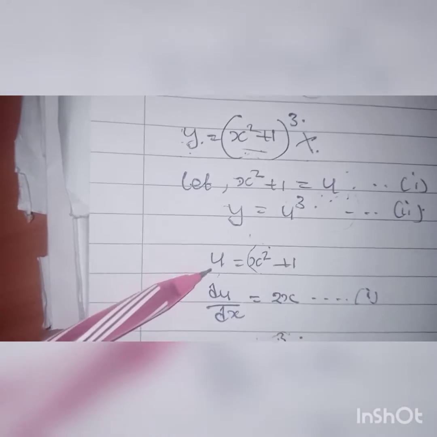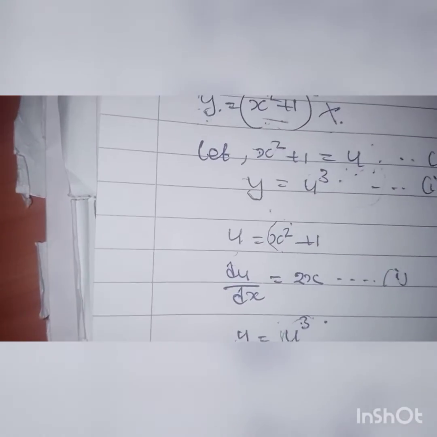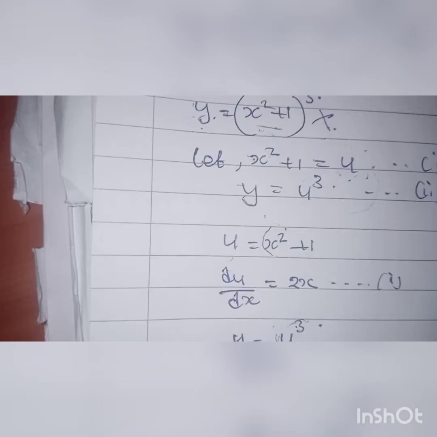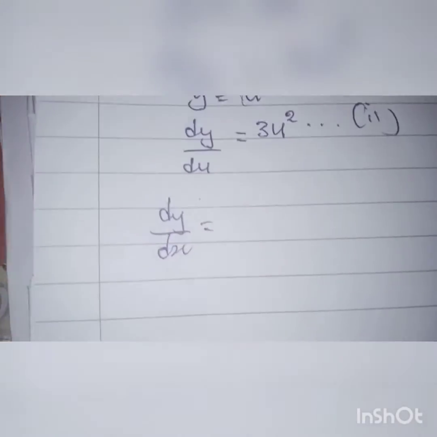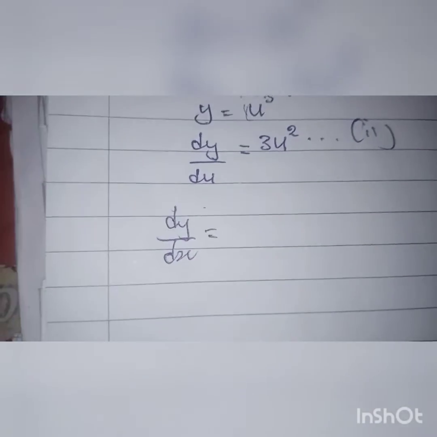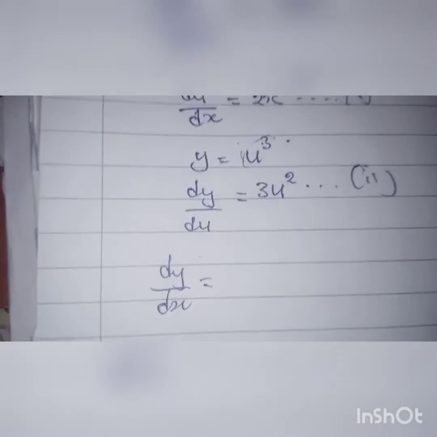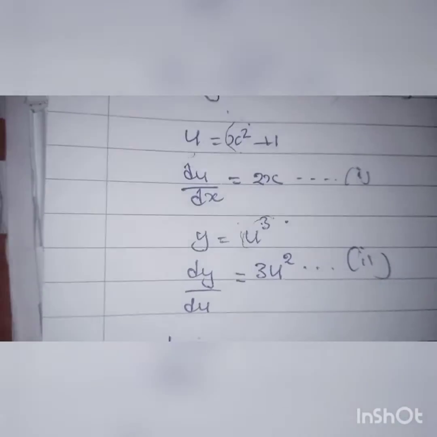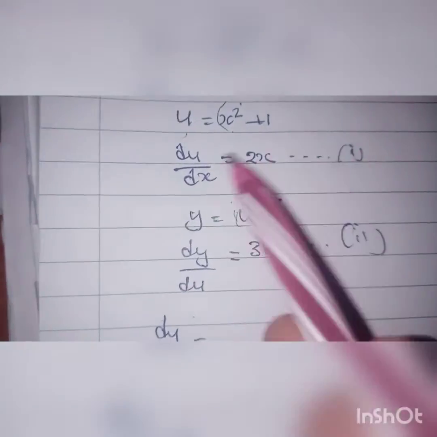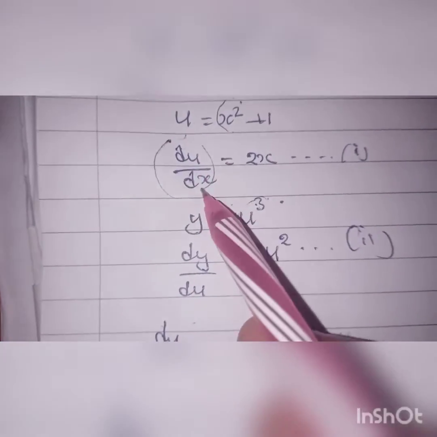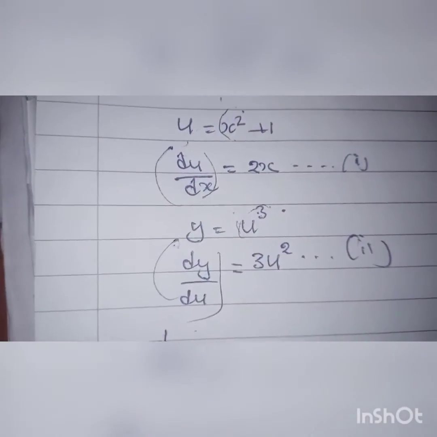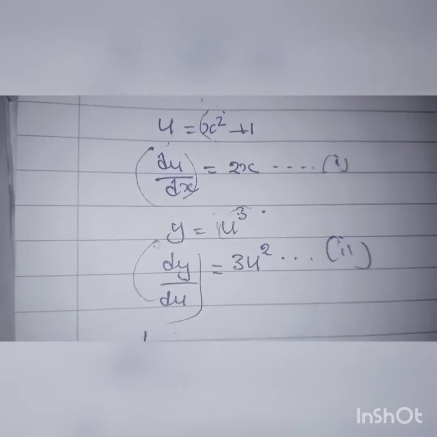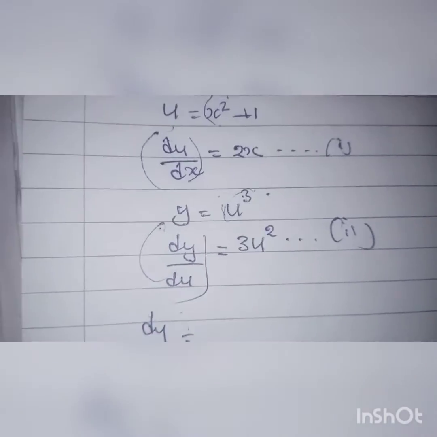The u, you are the one who brought it. Now, the question needs dy dx. How can we obtain dy dx from the two functions? We can see the first function here and the second function here.